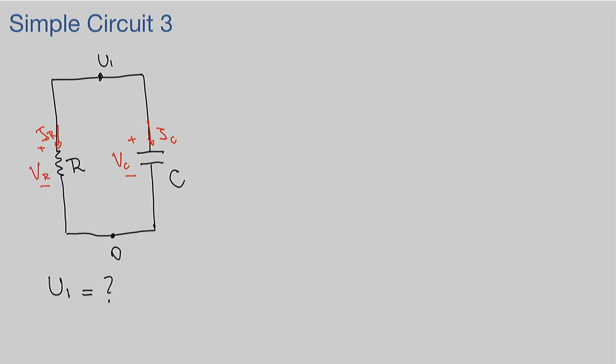Just for simplicity. Now we solve for U1. We don't know the currents, we don't know the potentials, but we know the value for resistors and we know the value for capacitors because those are defined. Those you pick and you put them there in your circuit.